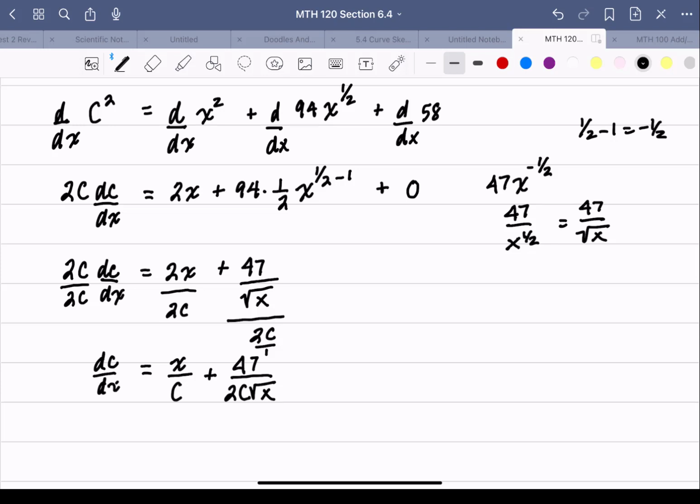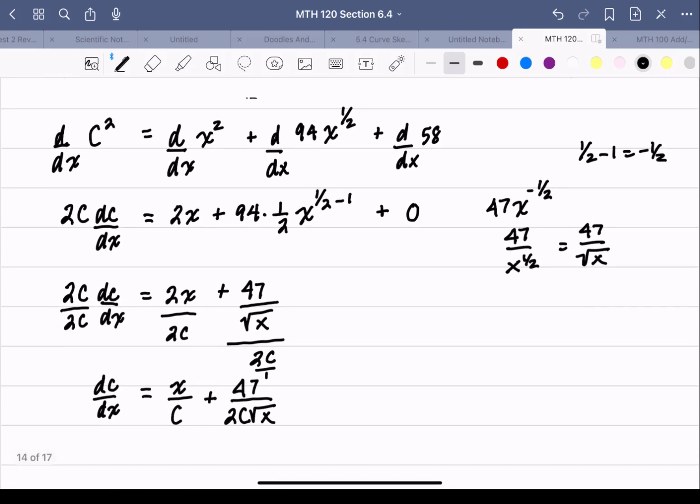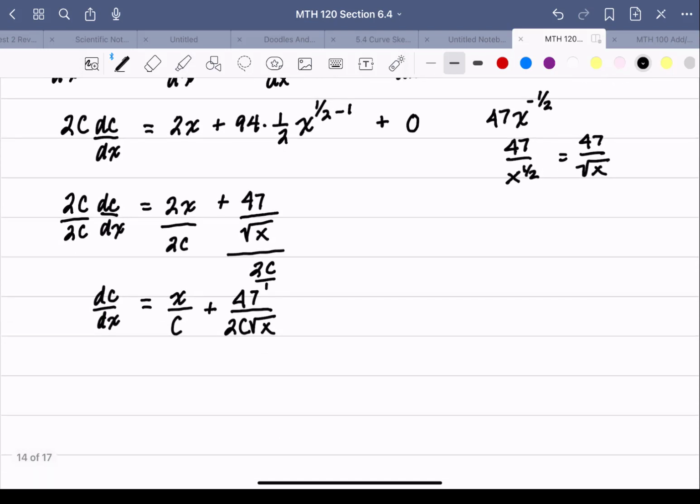And then they asked us to find this at X equals 5. But wait a minute, we have a C in there. Well, we can find the value of C because we know the formula for C squared.